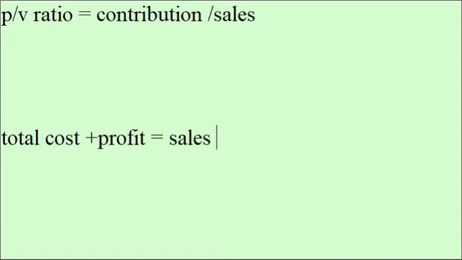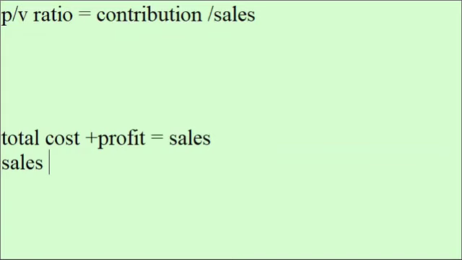For this, if you remember the cost sheet, what we do is calculate all the costs and call that the total cost. We add the profit. After that, whatever we get is called sales. So here also the same formula we have to apply.